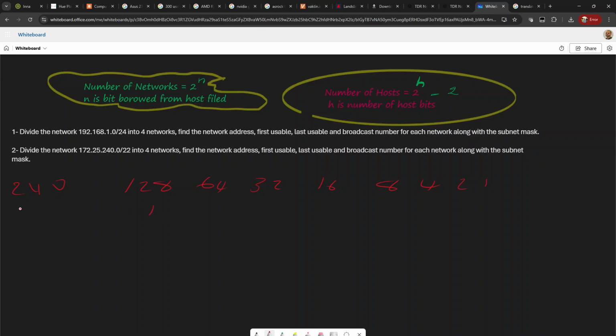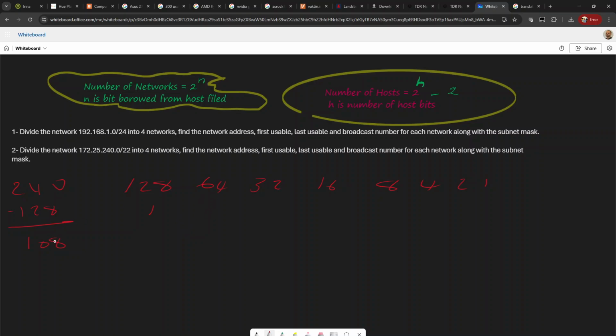It's 1, and then subtract 128 from 240. So 240 minus 128 is 112.